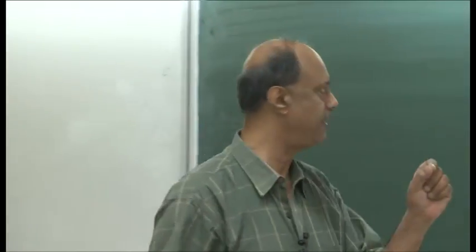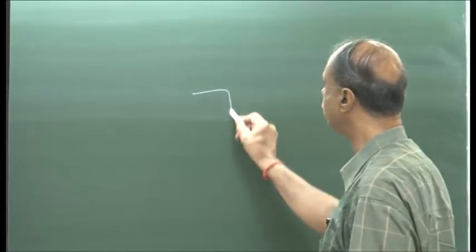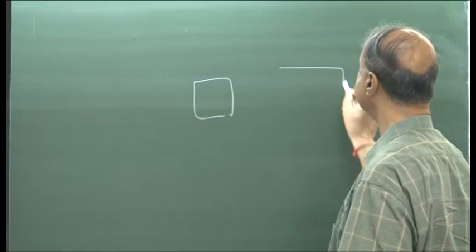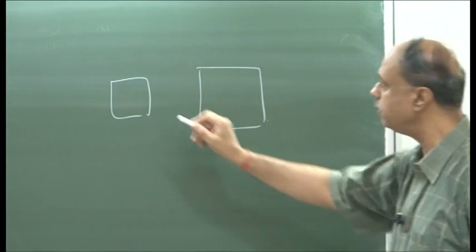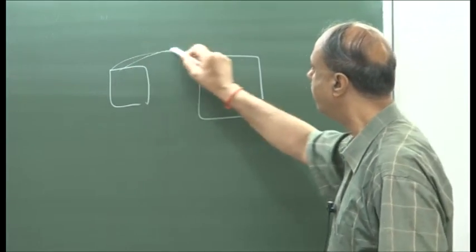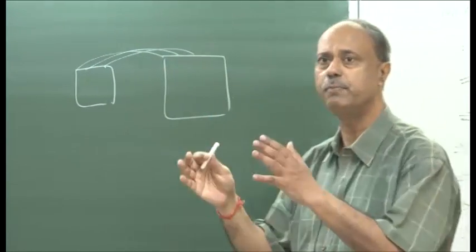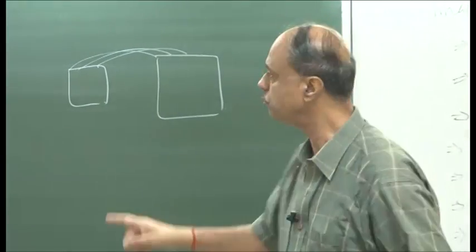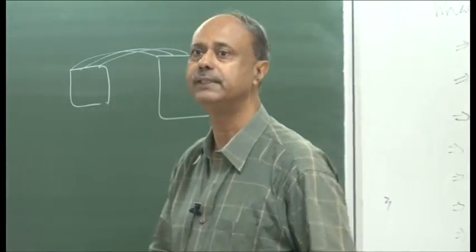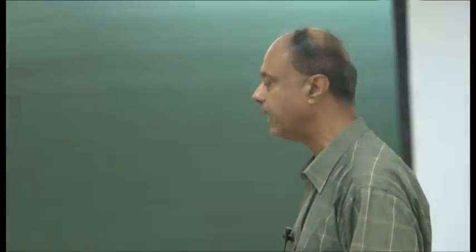Suppose this is your original image and this is the other image you want to compare. You need to do some operation to map it in such a way that it becomes comparable. So, these two images are given to you to convert one into the other.